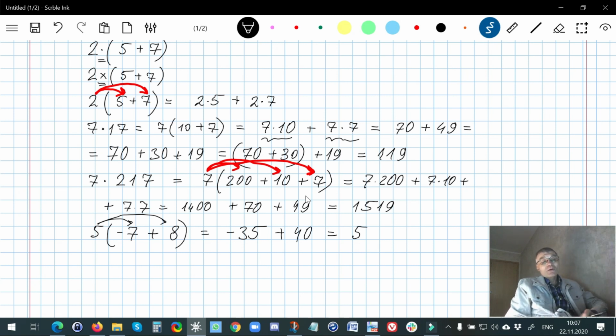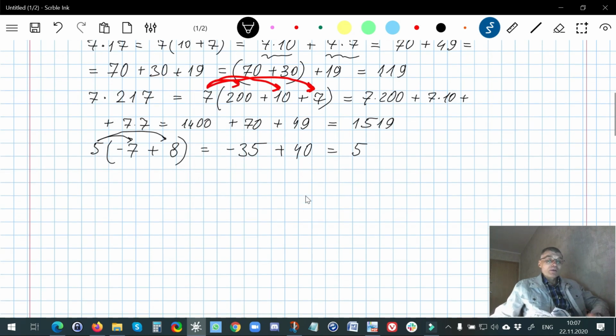We're not looking only one way of performing this important operation. We have to understand both ways. Sometimes we'll be using addition inside the parentheses, but very often we'll have to perform those multiplications.